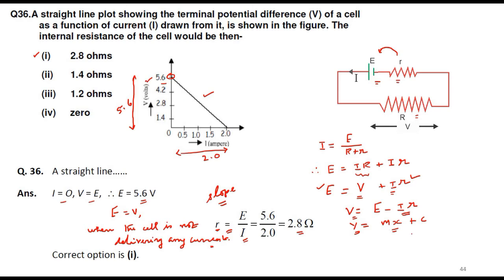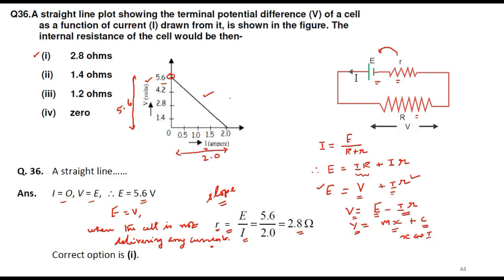Then m into x, m is one constant, that is the slope, plus c. c is the y-intercept, so this happens to be equal to E. Then you can see here I is another variable drawn on the x-axis. So x is comparable to I.